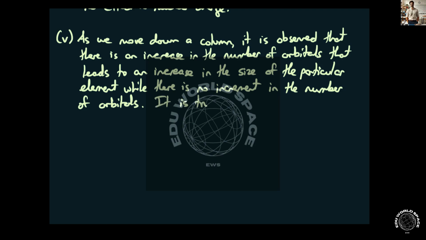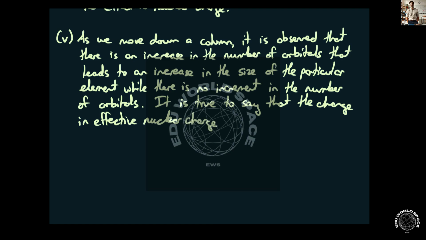It is true to say that the change in effective nuclear charge going down a column is generally less than going across a row.